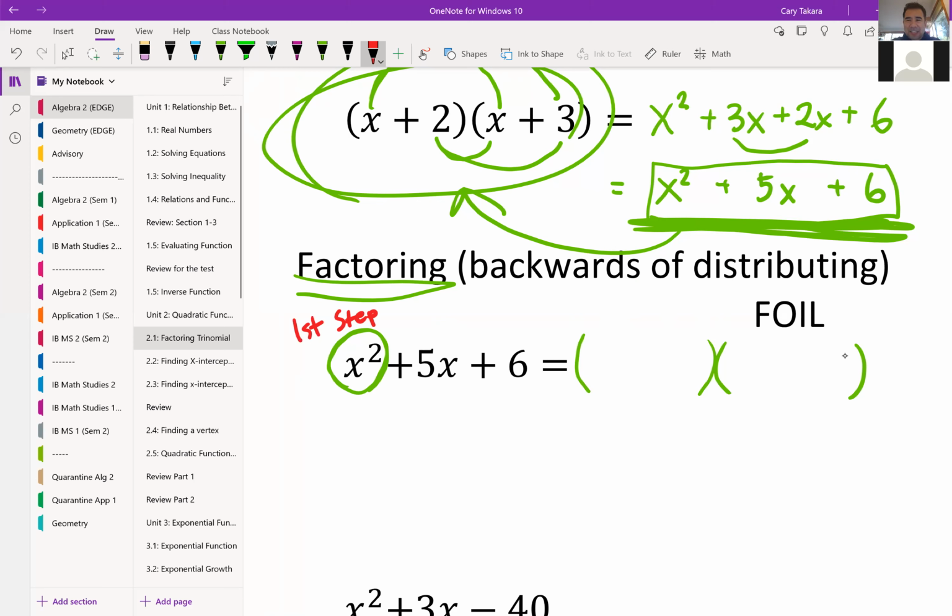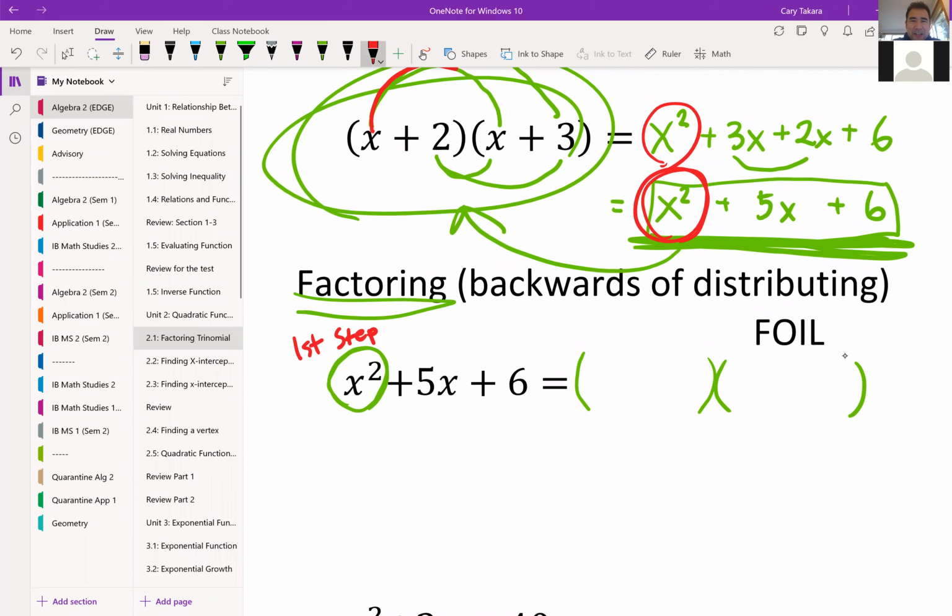Now, how did you get this x squared, by the way? Isn't x squared coming from x times x? Isn't that how you got x squared?